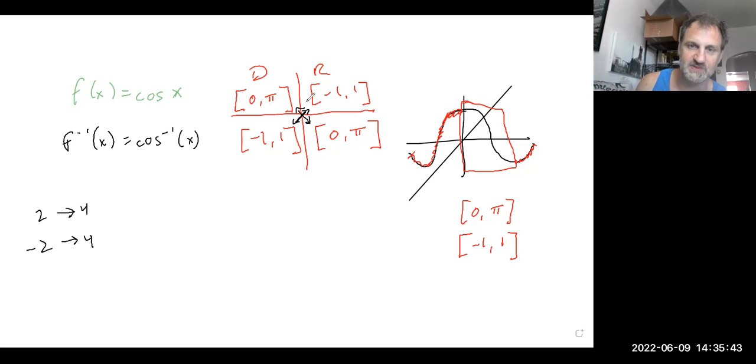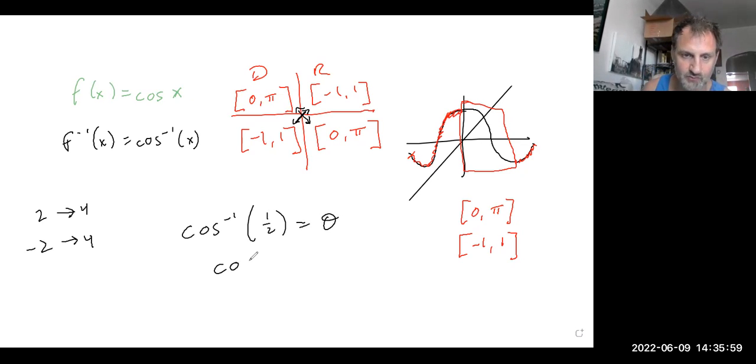Let's talk specifics, right? What happens if I want to know what the arc cosine of 1/2 is? Well, think about turning this statement around. What I'm really asking you is, when does the cosine of theta equal a half?